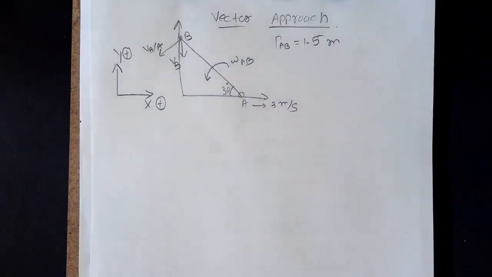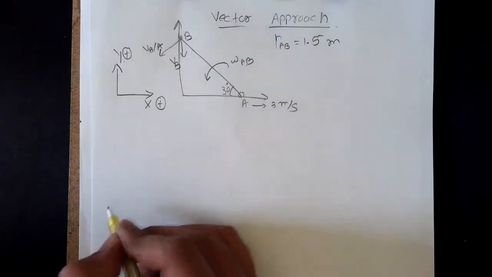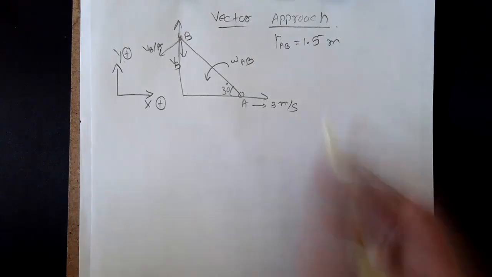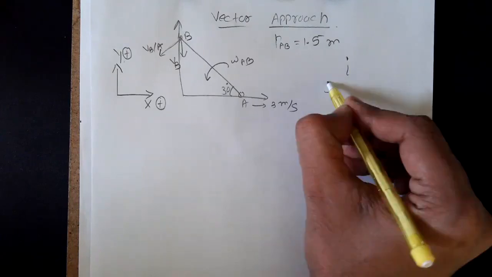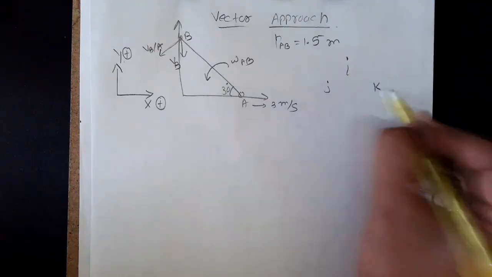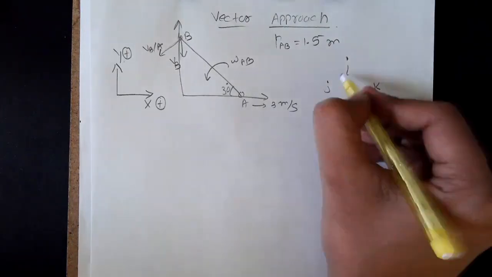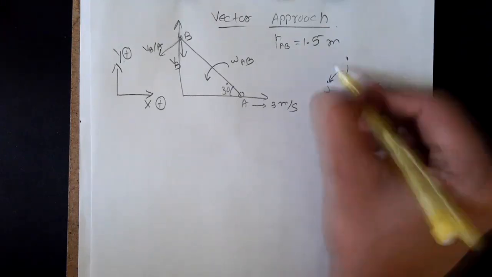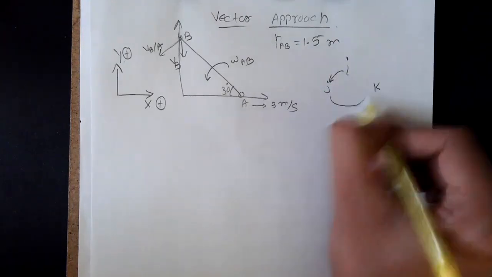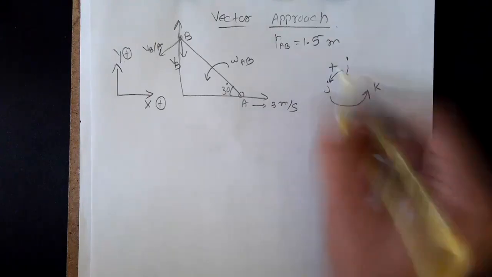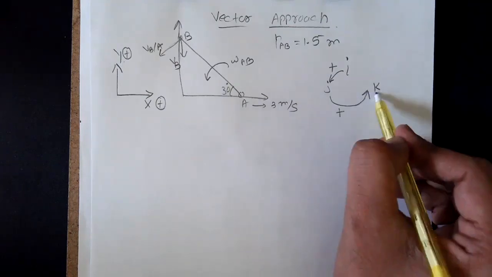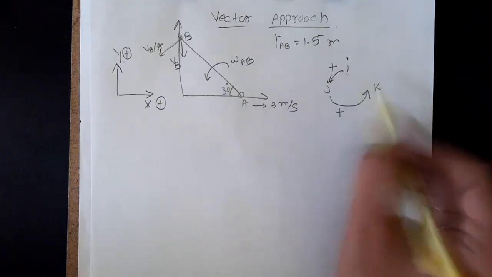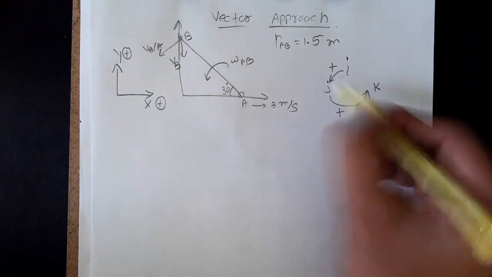Now we need to apply the cross product here, so let's revise the cross product rules that at some point we read in statics. We have three unit vectors i, j and k. The cross product of i with j, i cross j, gives us positive k, because counterclockwise is positive.